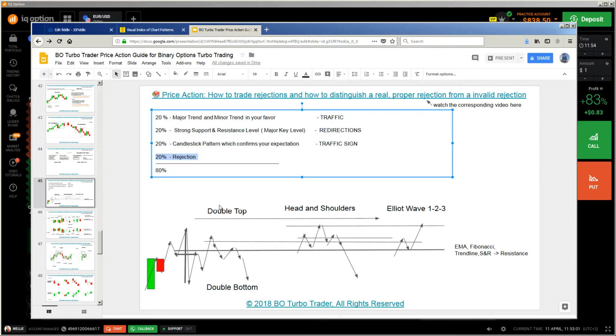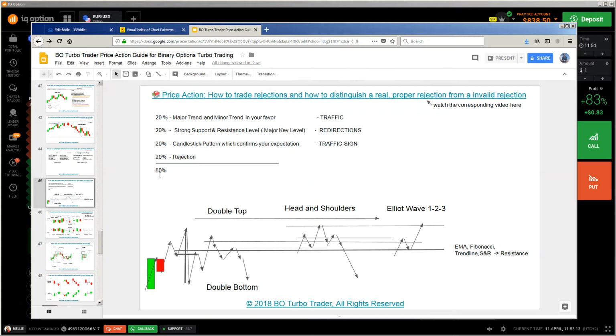But if you have a trading setup which includes all those four things: the trend, the support and resistance level or major key level, the candlestick pattern, and the rejection, you have approximately an 80% success rate that your trade will work.